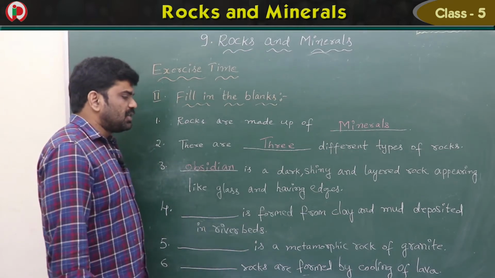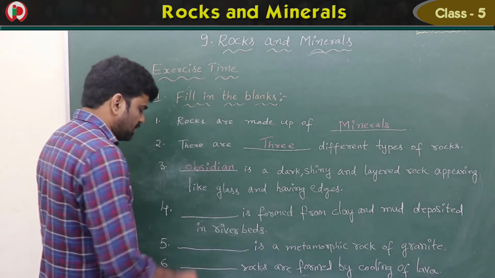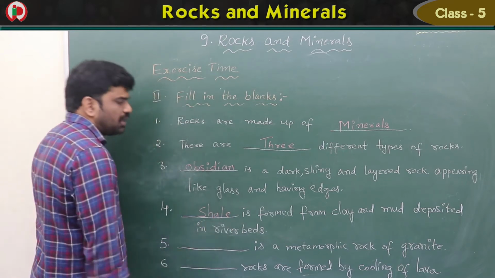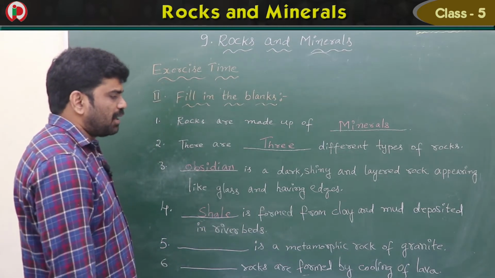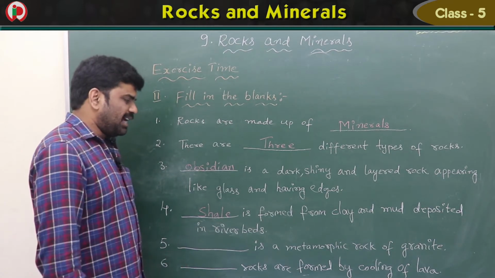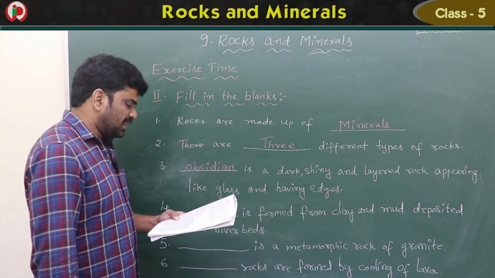Fourth one, dash is formed from clay and mud deposited in riverbeds. Shale. So shale is formed from clay and mud deposited in river beds. Fifth one, dash is a metamorphic rock of granite, gneiss.